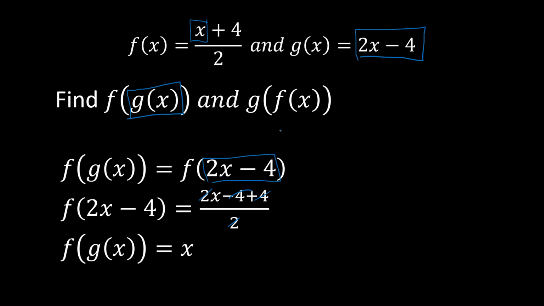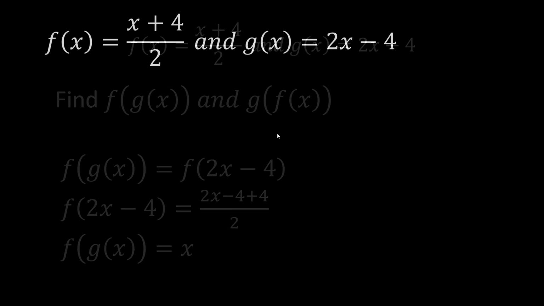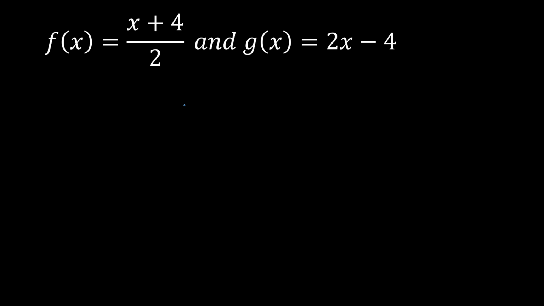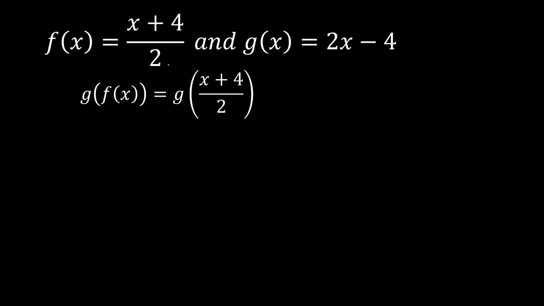And now let's do the same thing for g of f of x. So for g of f of x, we need to plug in f of x, or x plus 4 over 2, in place of the f of x right here. We are substituting the x plus 4 over 2 in place of the f of x. So instead of g of f of x, we have g of x plus 4 over 2.